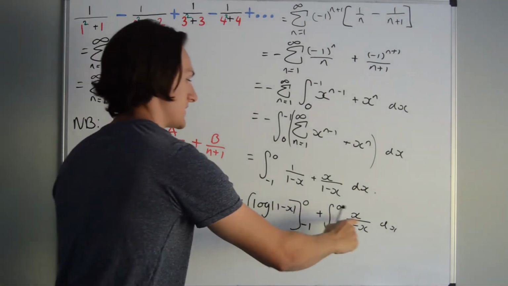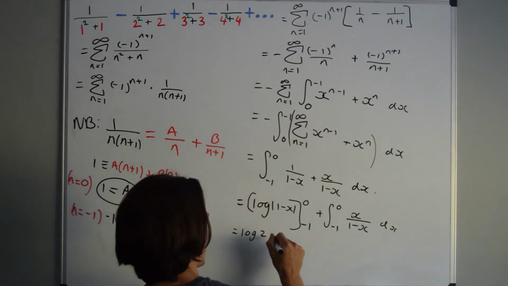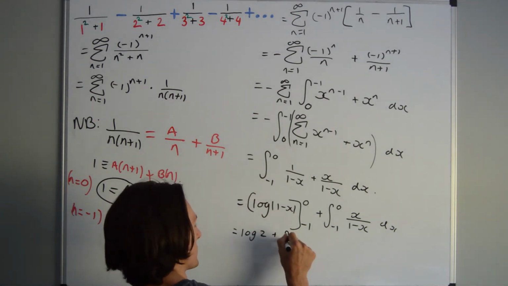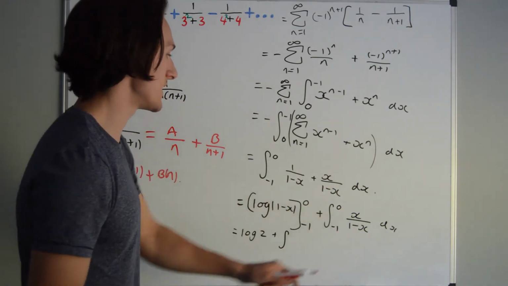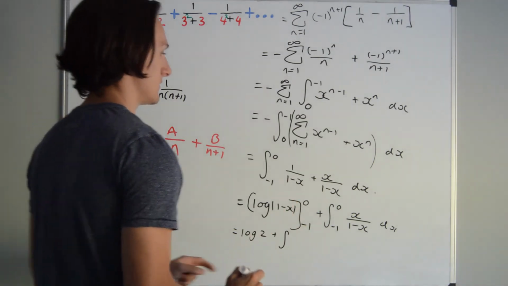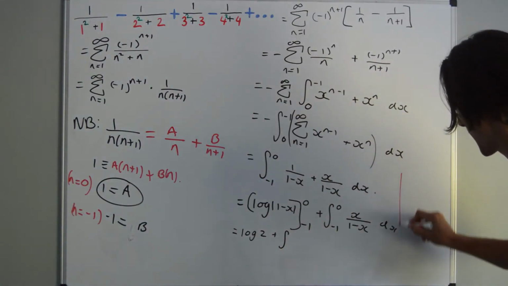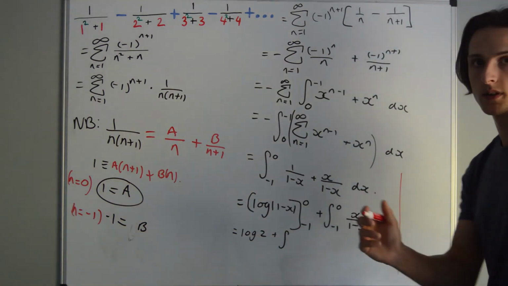plus this thing. Let's make a substitution. So I'm just going to write log 2 plus the integral. We can't bother to rewrite it, so let's go ahead and use a substitution. Well, this thing on the bottom is the problem, so let's sort that out.